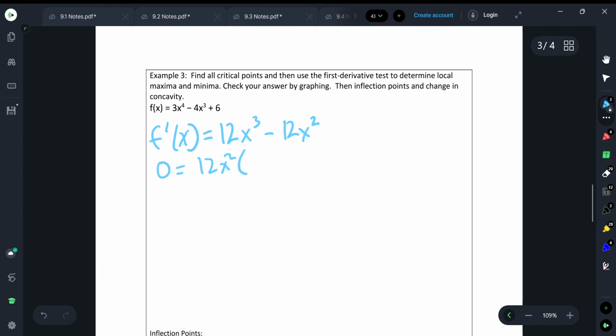So this is literally going to be 12x squared times x minus 1. So x is going to be 0 and then a positive 1. Those are my critical values.